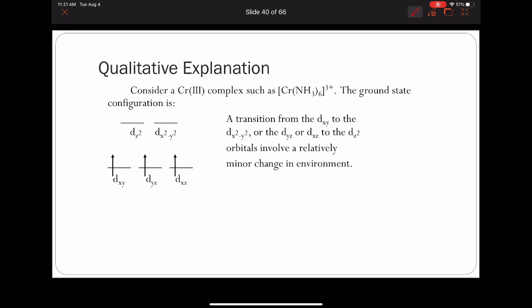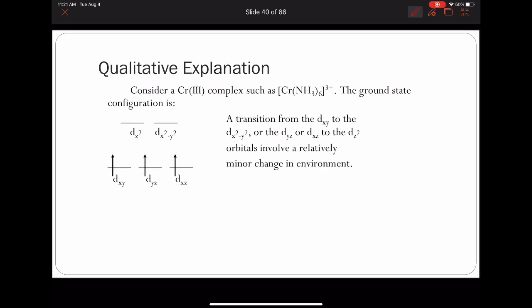However, there's still a difference in terms of the environmental change. So for instance, a transition from dxy to dx squared minus y squared is not a very substantial change through space.